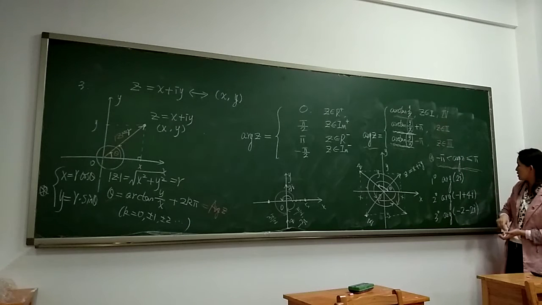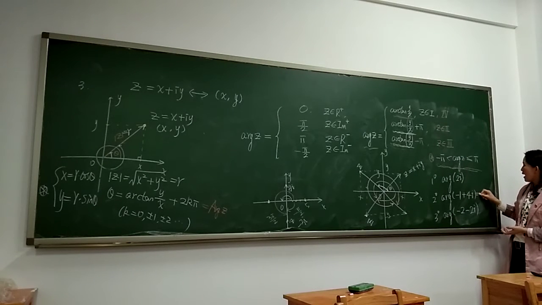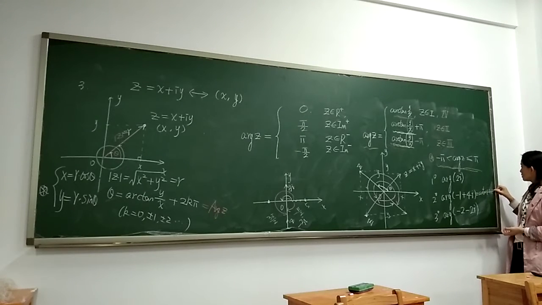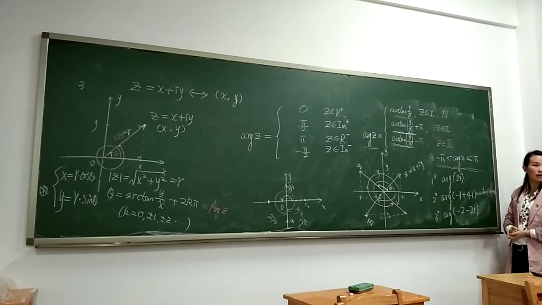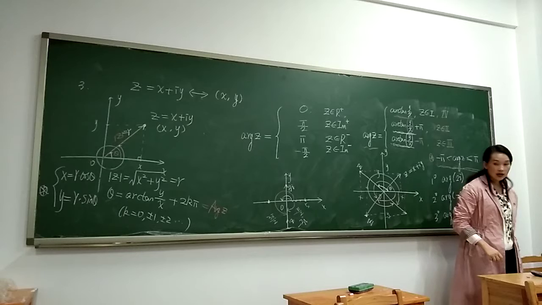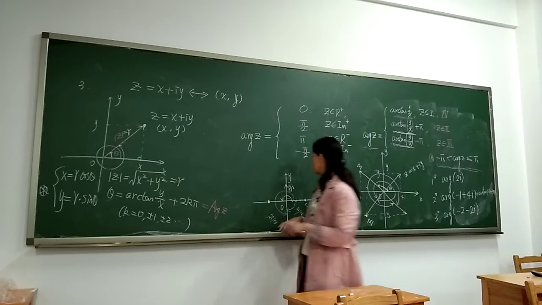So you can write arc tangent of y over x, which is minus 4, plus pi. Understand it? And this side, here.